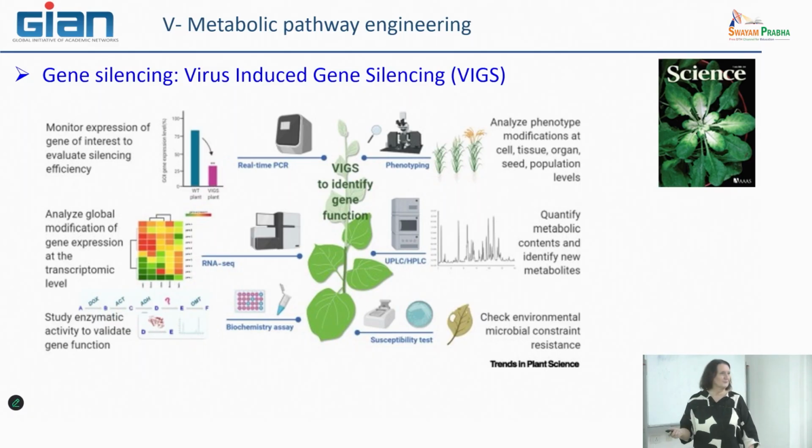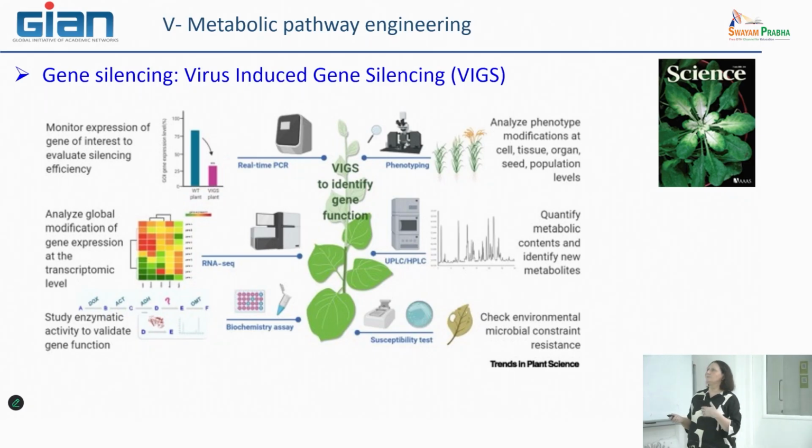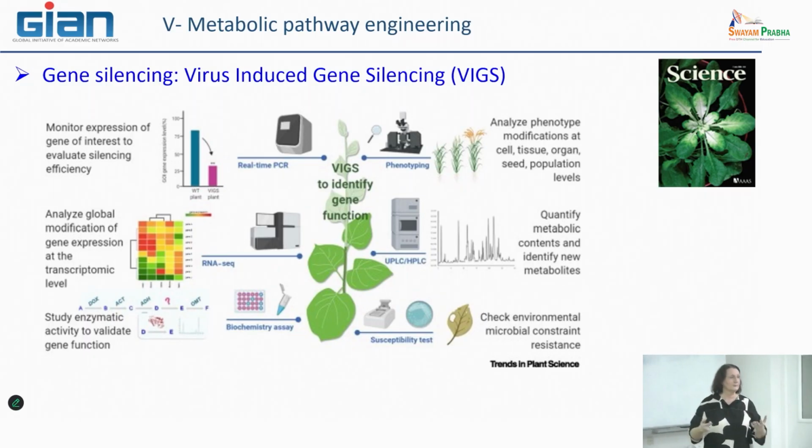That was the last step of the workflow I showed you, and also the example I showed you. You can functionally characterize the activity of your enzymes. It could also be a way to analyze phenotype modification, because you can analyze the whole plant and tissue to see if there is some impact on the plant itself.